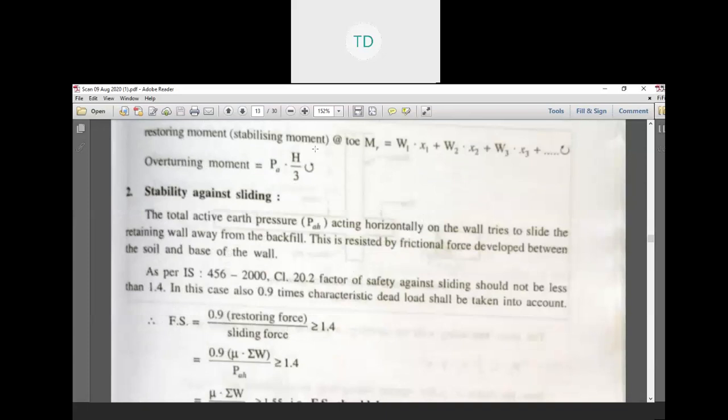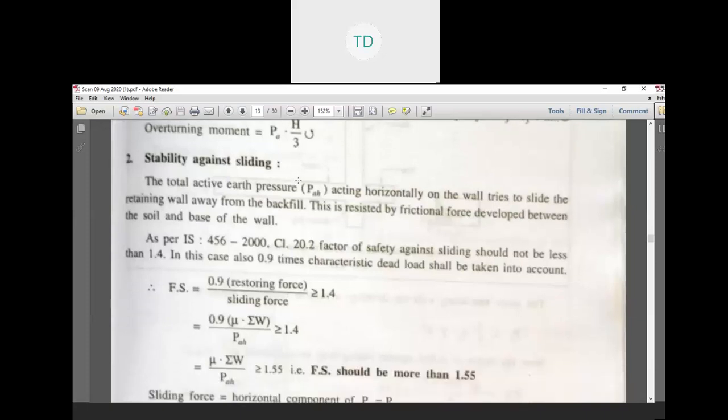For a cantilever retaining wall, h by 3 is the main point where maximum pressure is caused. That's why it is taken as active earth pressure P. Also, overturning is caused from the material side, not by the self component of a retaining wall.